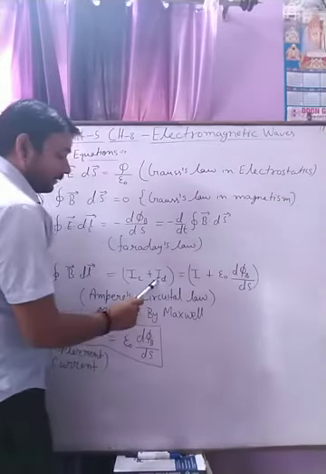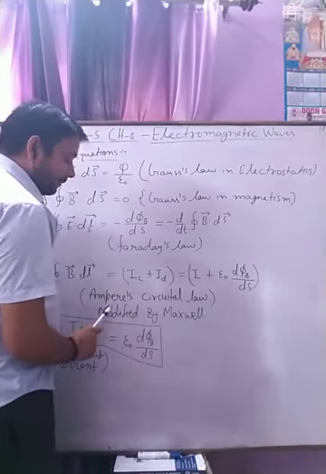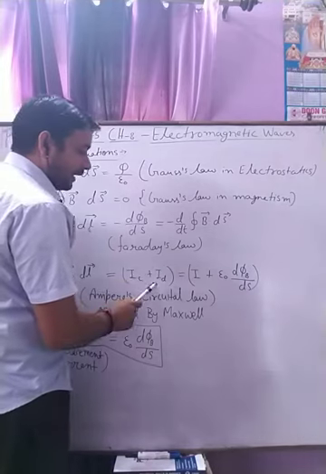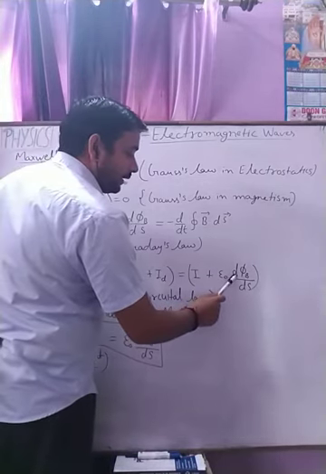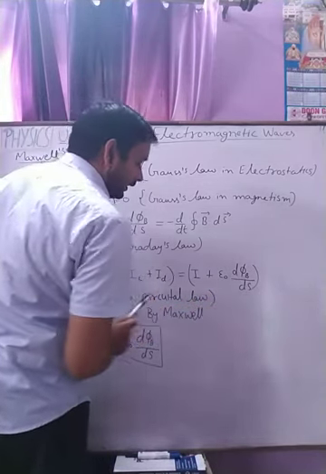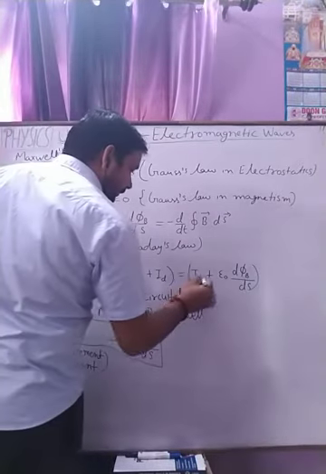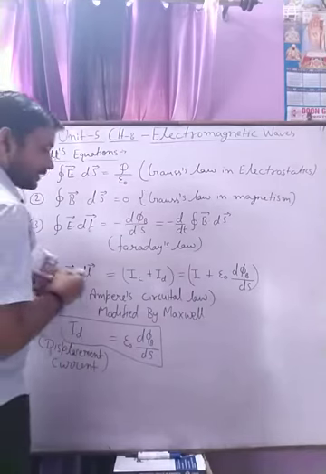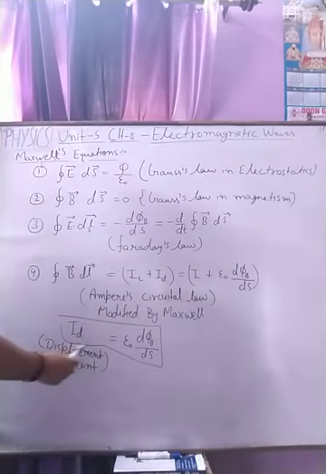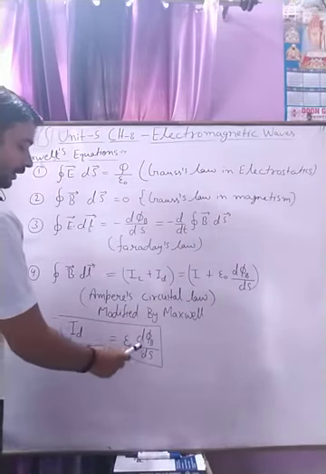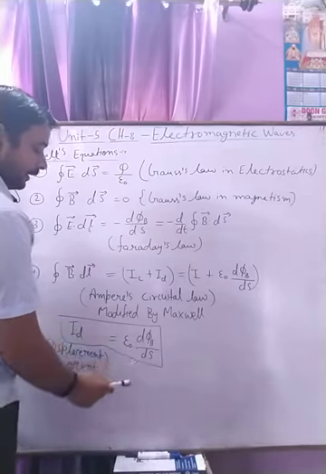The value calculated by Maxwell for this displacement current is epsilon naught d phi E upon dt. So this becomes conventional current plus this, where ID is equal to epsilon naught d phi upon dt.